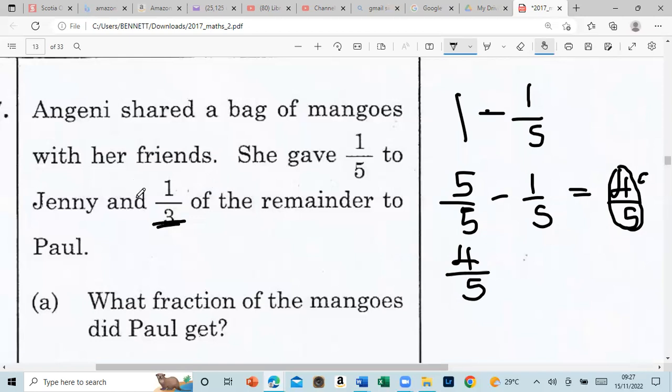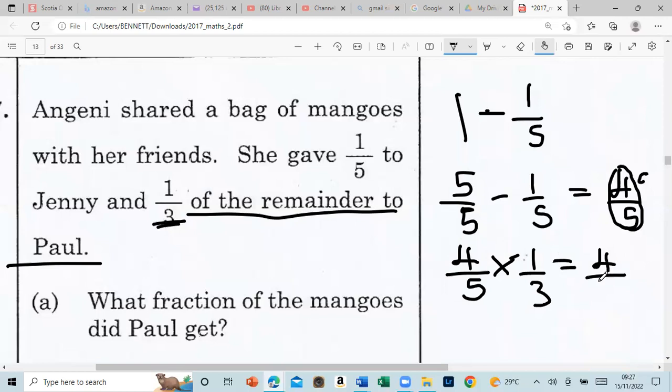And 1/3 of. Of means to multiply. So she gave 1/3 of the remainder. So this would be 1/3 times 4/5, so that's 4/15.